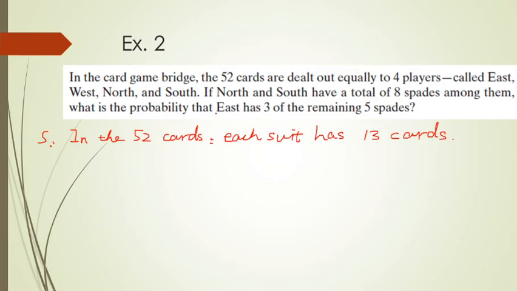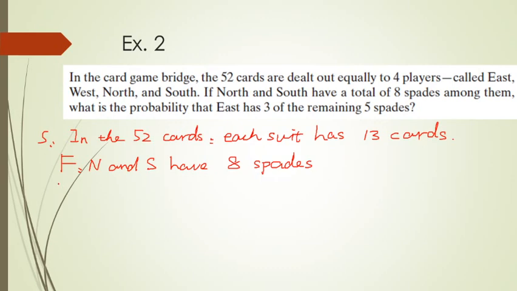4 players. How can we define it as a conditional probability? I will describe my event F, which is the event that north and south have 8 spades. Of course, each player got 13 cards.